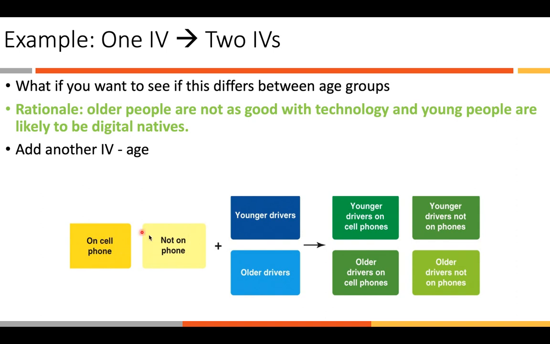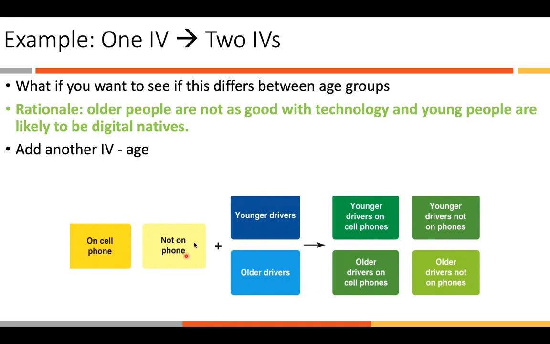Notice that cell phone use is a true independent variable. We're going to be able to manipulate that maybe in a driving simulator or something like that. And then age is obviously a subject variable, maybe a quasi independent variable. It is a property of our subjects that we cannot manipulate, but we're going to take advantage of this naturally occurring grouping in order to study it.